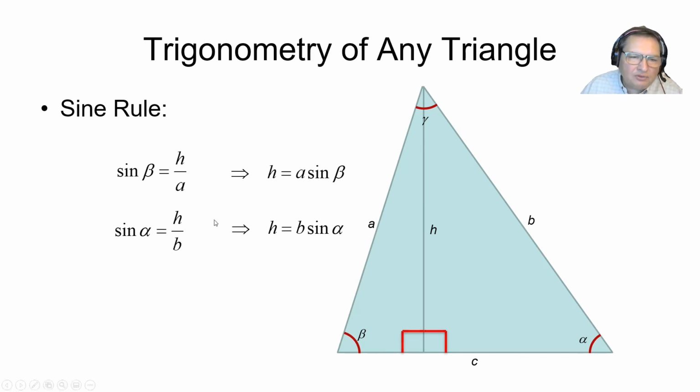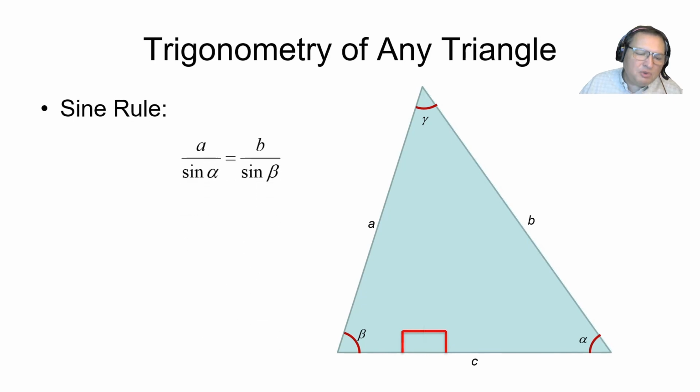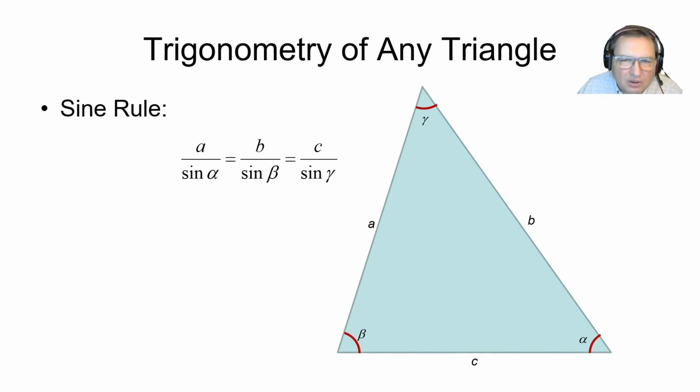So we can rewrite this equation as follows, and one more transformation, and we get something that is known in mathematics as the sine rule. It can be further extended to a part representing the C edge and the gamma angle. This formula helps to solve any triangle, even a triangle that has no right angle in it.